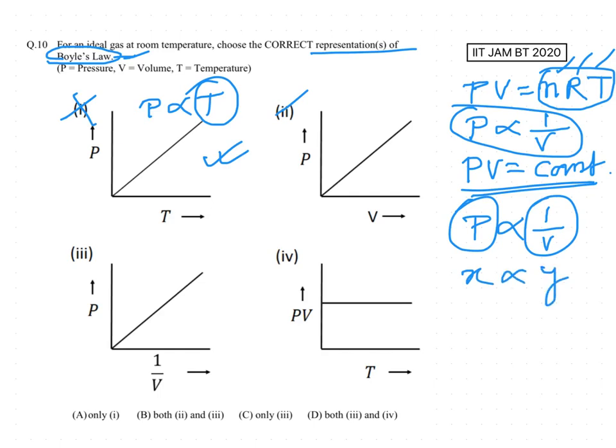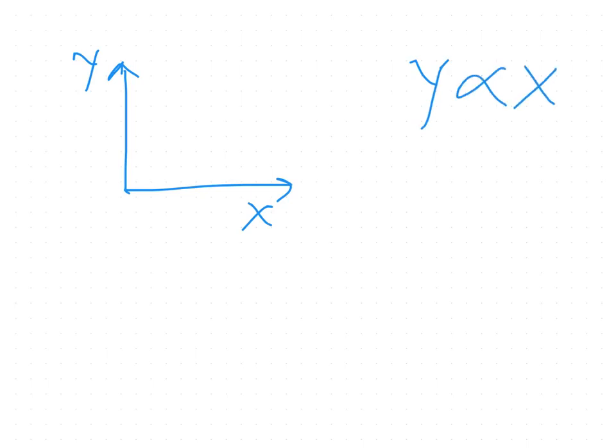If there is a graph between x and y, if y is proportional to x, the graph will be a straight line passing through the origin.